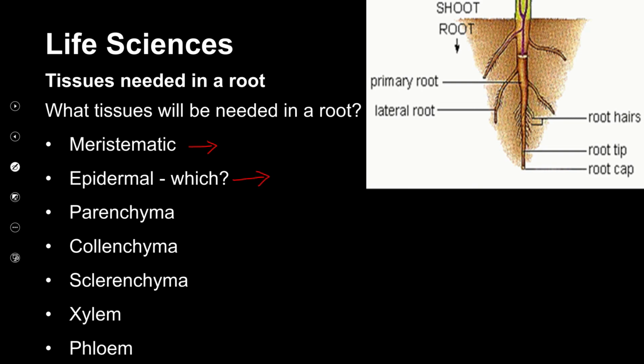If so, which coverings? Does it need a cuticle? Does it need parenchyma? Does it need collenchyma? Does it need sclerenchyma? Does it need cells with thickened walls? Does it need xylem and phloem? I think we can say right at the beginning, it definitely needs xylem and phloem.